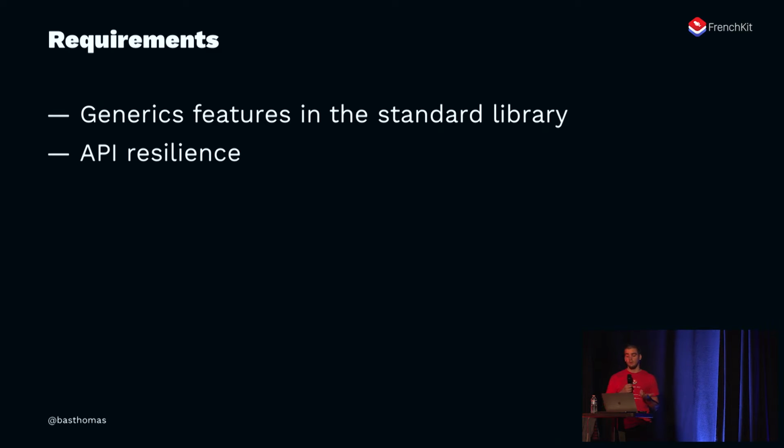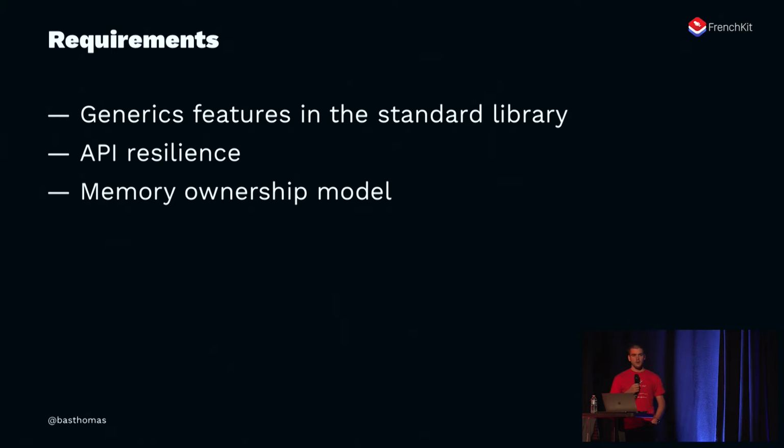This will allow a library to evolve while maintaining a stable API. And then we have a memory ownership model. Apple is saying they want to tackle the memory ownership model, but when you look into what they actually mean, they want to tackle a bit of the memory ownership model just to get the API stability working.